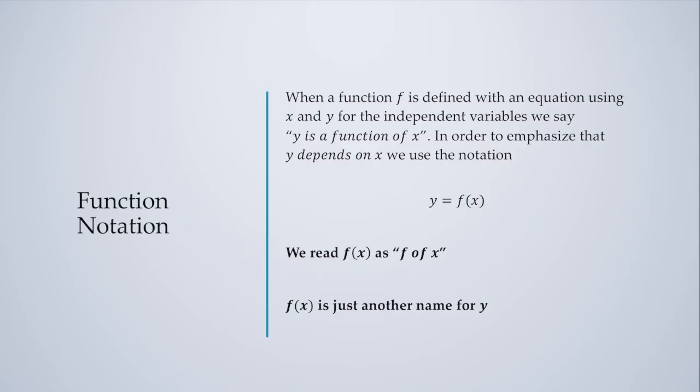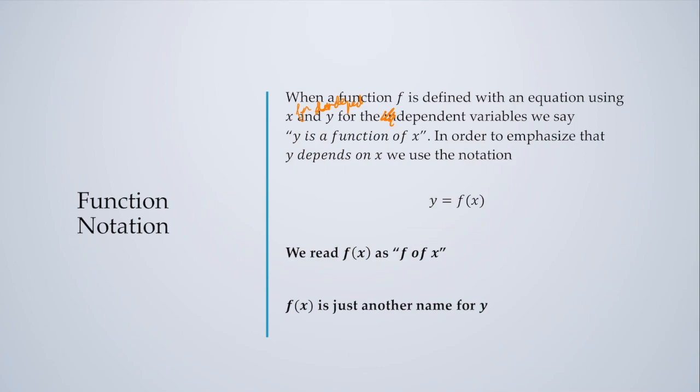When a function f of x is defined with an equation using x for the independent variable and y for the dependent variable, we say y is a function of x because y depends on x.